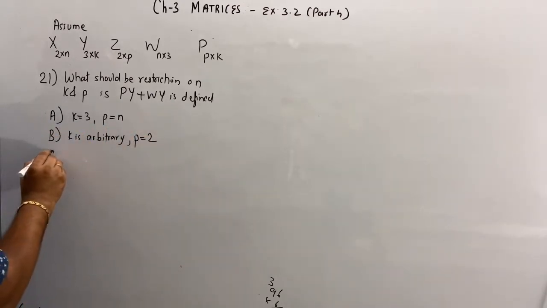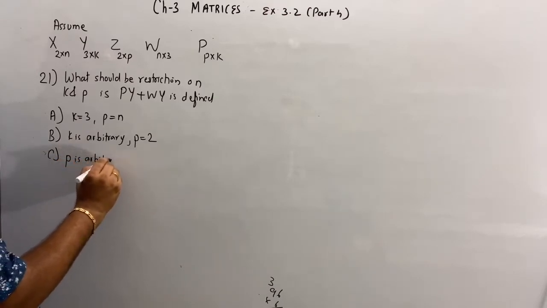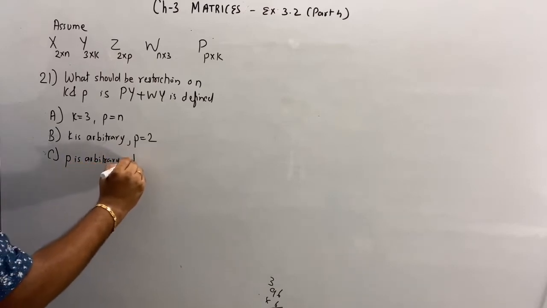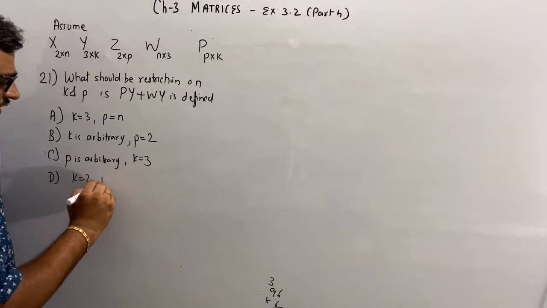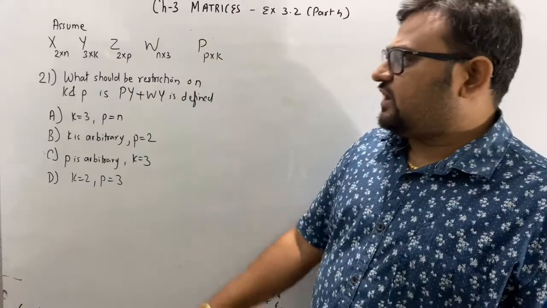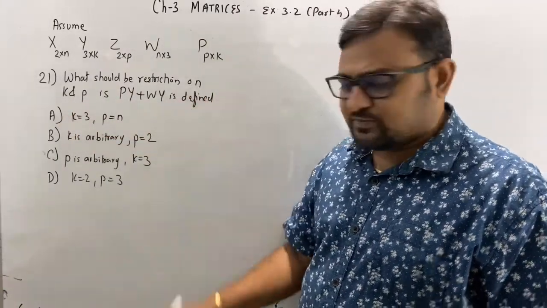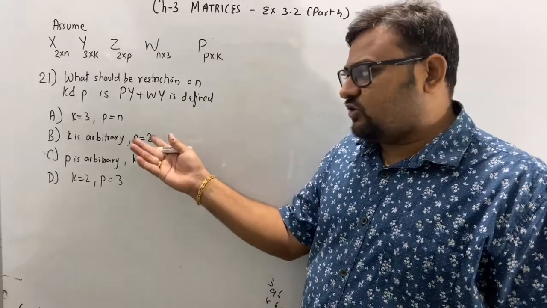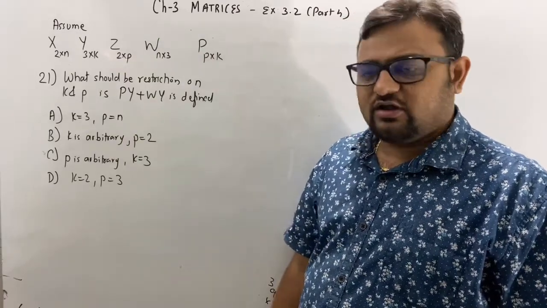Option C is P is arbitrary and K is having value of 3. Option D, K equal to 2 and P equal to 3. Okay, so for what value of K and P, PY plus WY is defined, and these are the four options. Either put one by one the value of K and P, just find out that or just solve it.